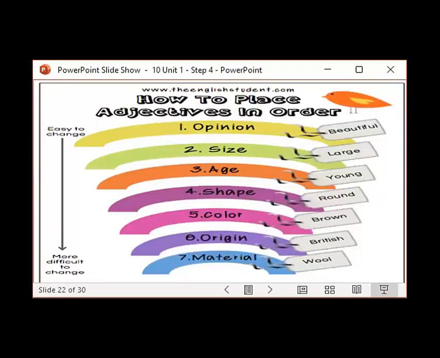And now, my dear students, let's study the last point today: how to place adjectives in order. First, maybe someone will ask me, Mr. Muhammad, what's the meaning of adjective?